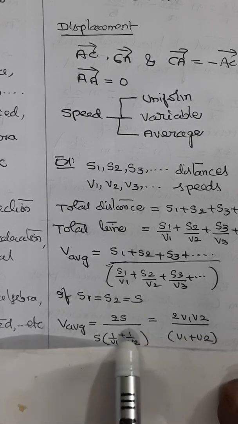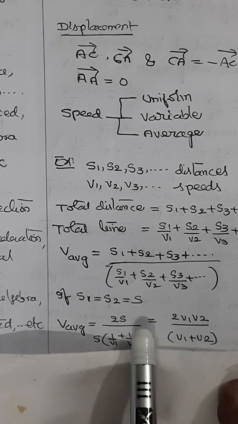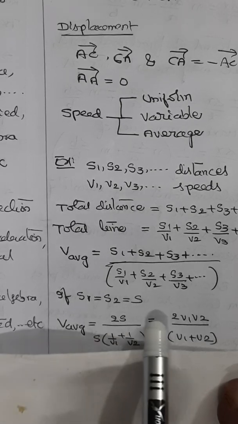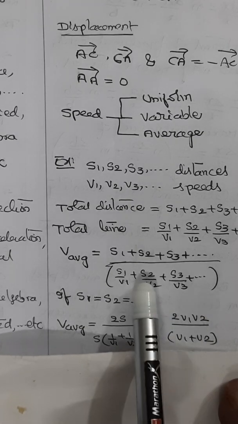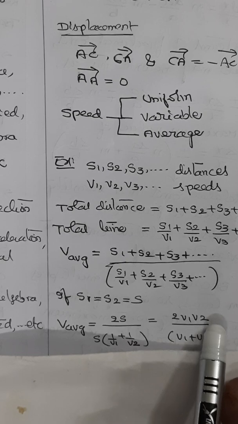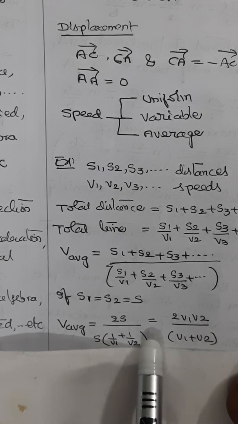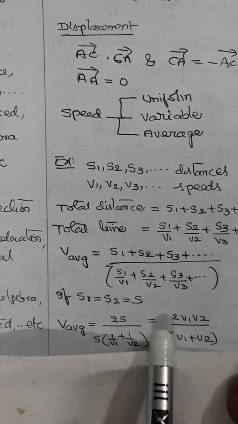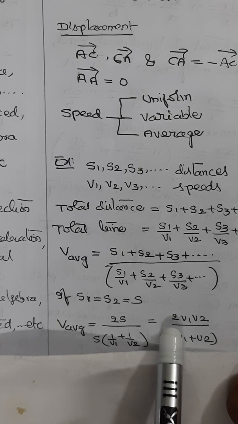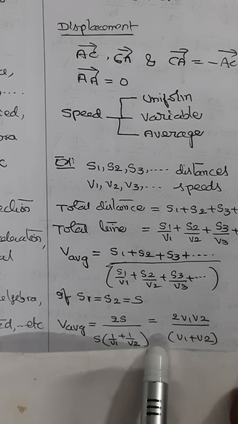If you calculate the LCM and simplify the denominator, you will get average speed as 2 v1 v2 by v1 plus v2. Let this be equation 1 and this be equation 2. That means the average speed is equal to the harmonic mean of the individual speeds.